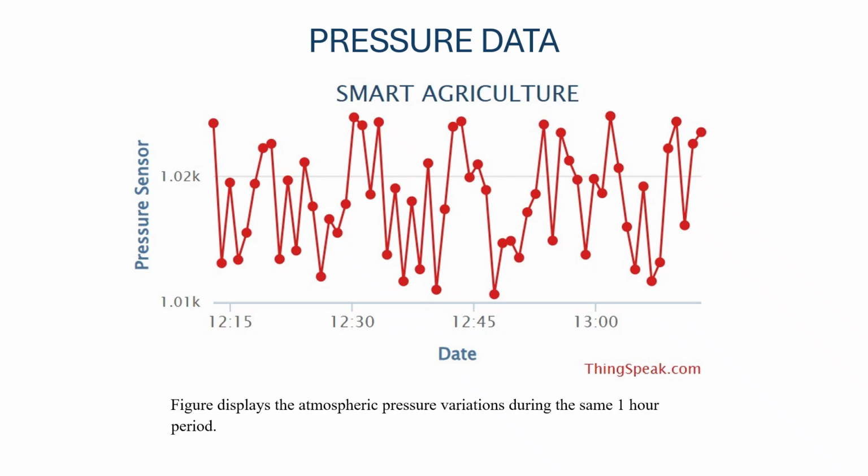The fluctuations in the environment variable, that is pressure, can be seen in the graph, but here we get the fluctuations for only a 1 hour time duration. The same we did in the case of temperature data simulation. For the same time duration, we saw fluctuations in temperature data. So the graph illustrates how the pressure changes over a specified 1 hour time duration. Clear?